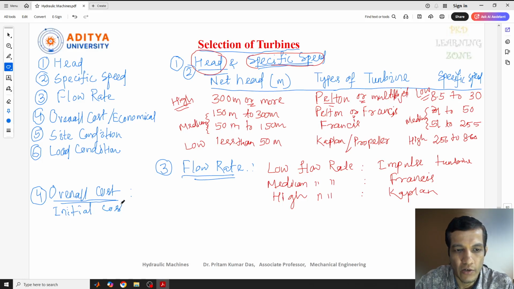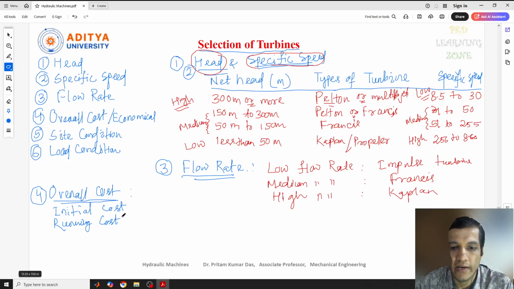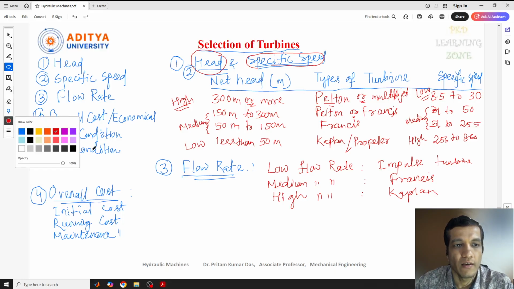Along with the initial cost, we also need to check the running cost, and along with that we need to calculate the maintenance cost. So these are the things we need to calculate before selection of turbines or before going to install the turbines at some sites, because these are also one of the major points of selection of turbines.